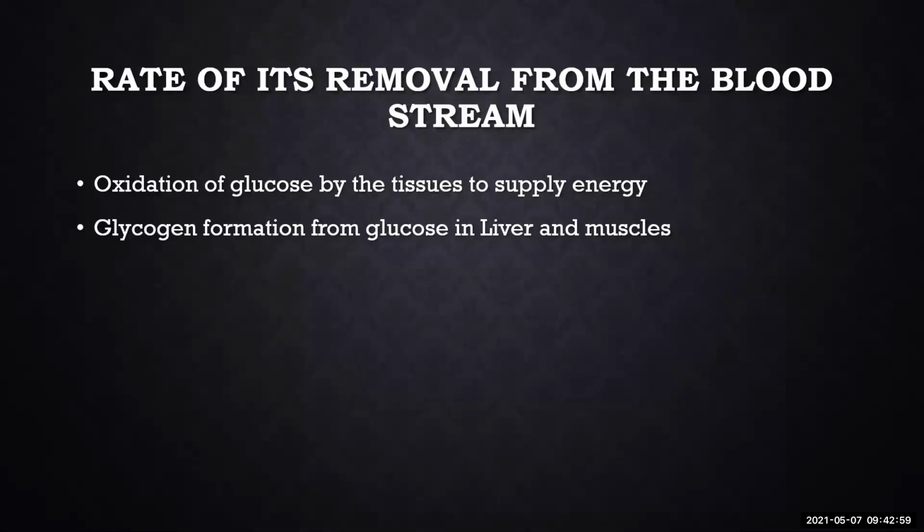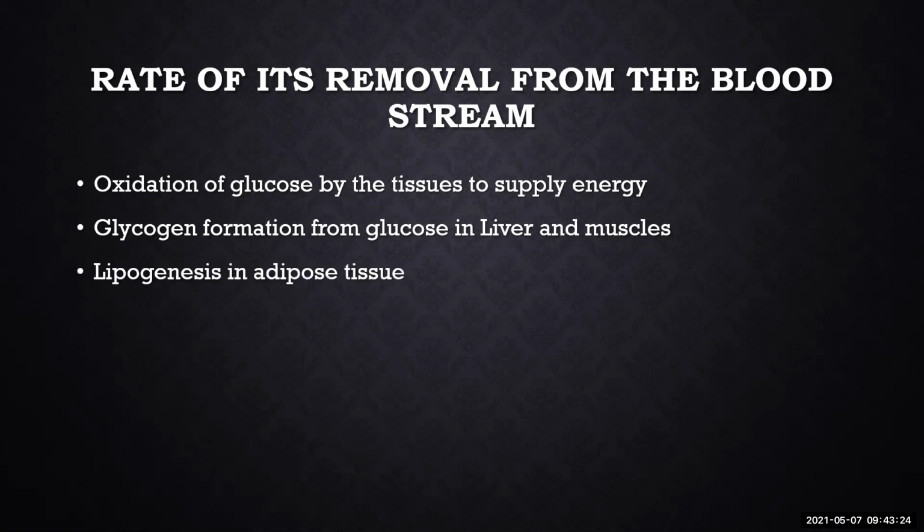When the liver is completely full with glycogen stores, it will go into muscles. This process of formation of glycogen from glucose is called glycogenesis. So first hepatic glycogenesis will happen, then muscular glycogenesis. It is one of the ways to remove glucose from the circulation and store it as glycogen.